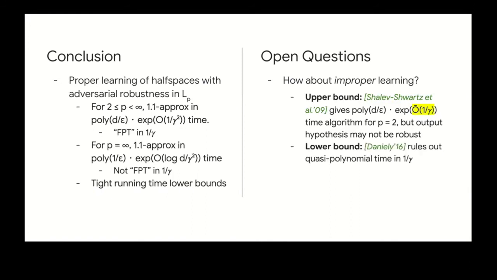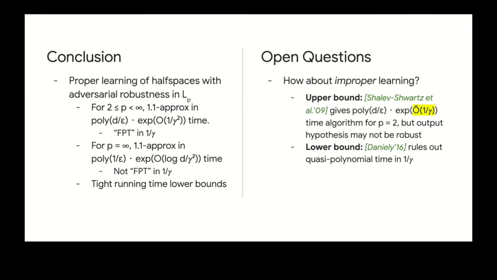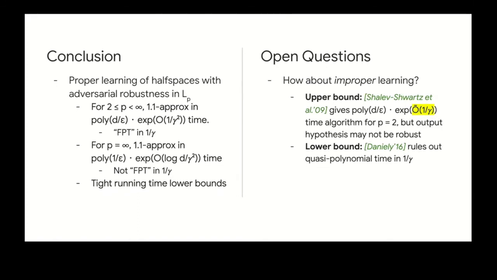And even more challenging is the lower bound front. In general, it's very hard to prove lower bounds for improper learning. So you often need some average case assumptions, such as random CSP is hard, or some cryptographic assumption. And these often don't yield very strong lower bounds.